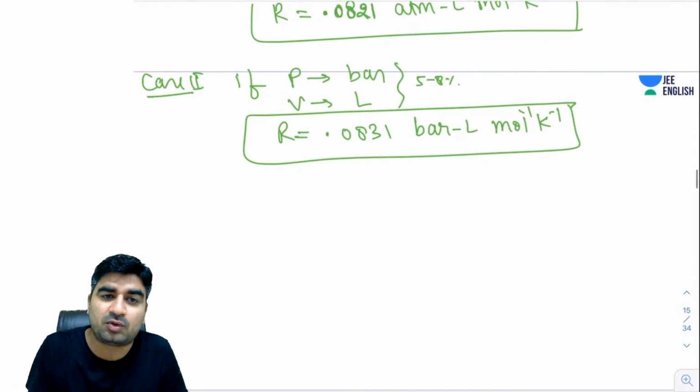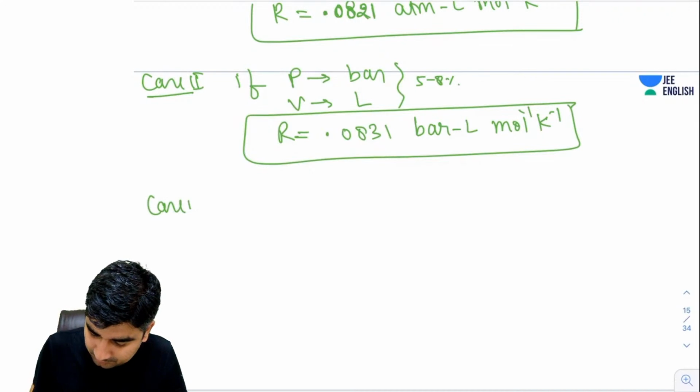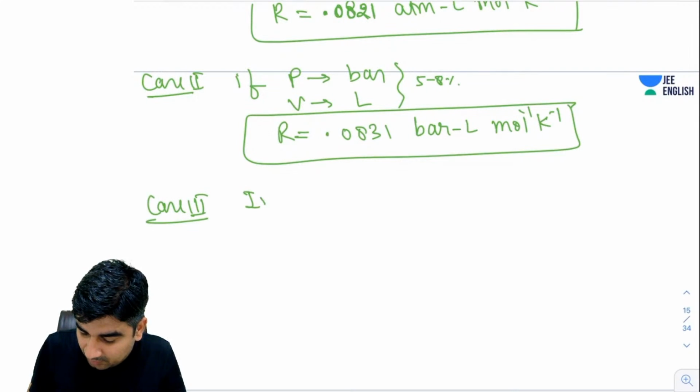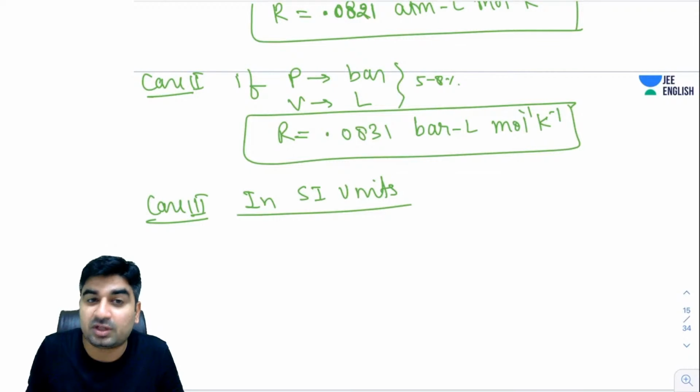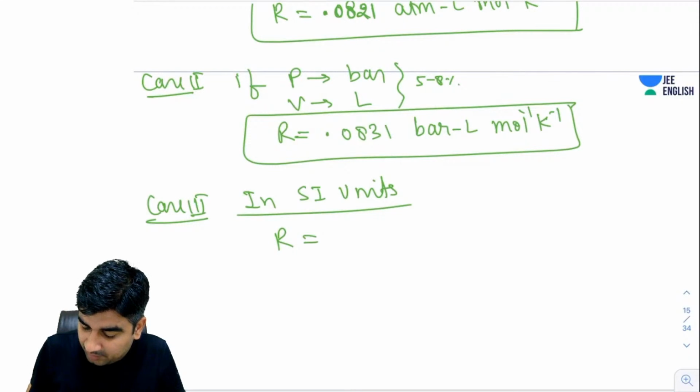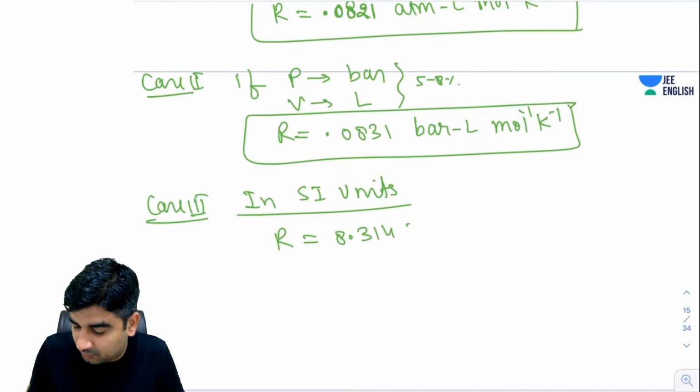Let me take 2 more values. Right now we will not use them, but you should know. In SI units, pressure will be Pascal and volume will be meter cube. So the value of R will be 8.314 joule.